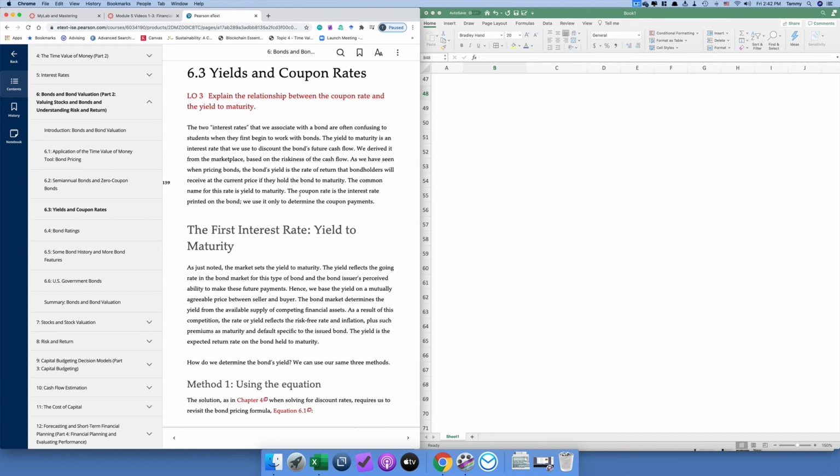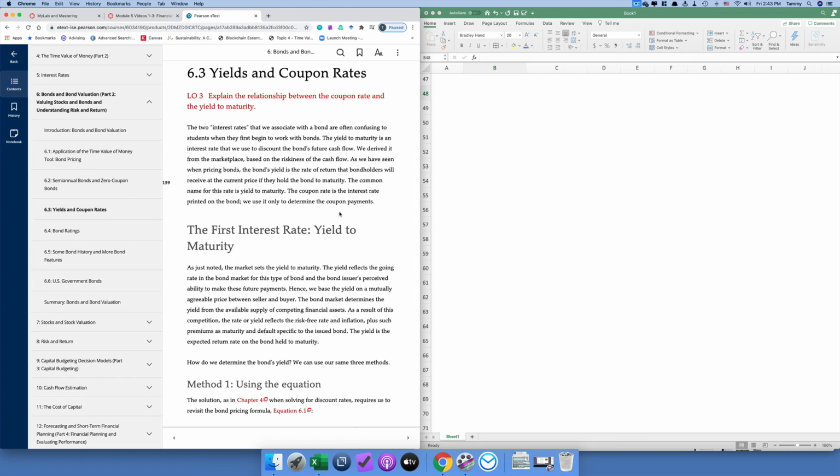Now this next section in your textbook just goes through the mathematical relationship between the coupon rates and yields. From my perspective, these are just two pieces that you plug into a spreadsheet to get your pricing. You can use all of those different time value equations as we went through in the previous modules to determine the fourth unknown when you have the other three, right?